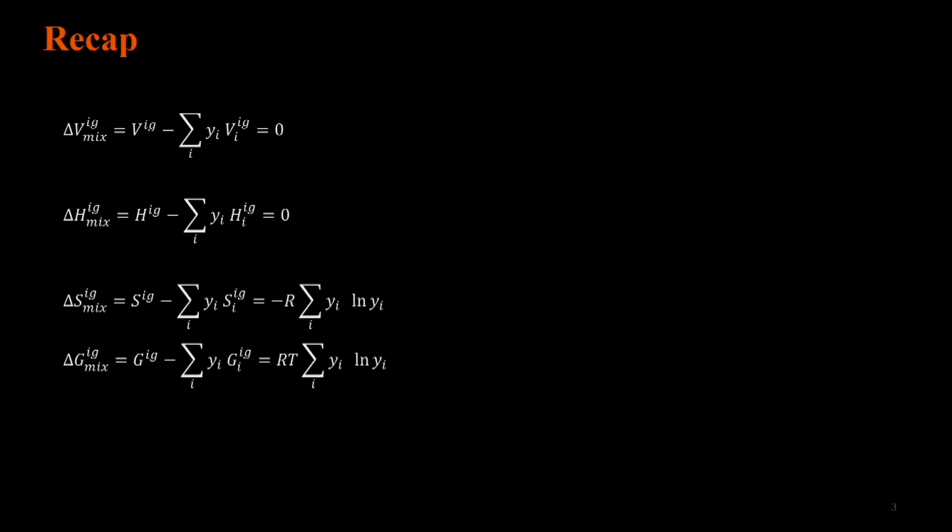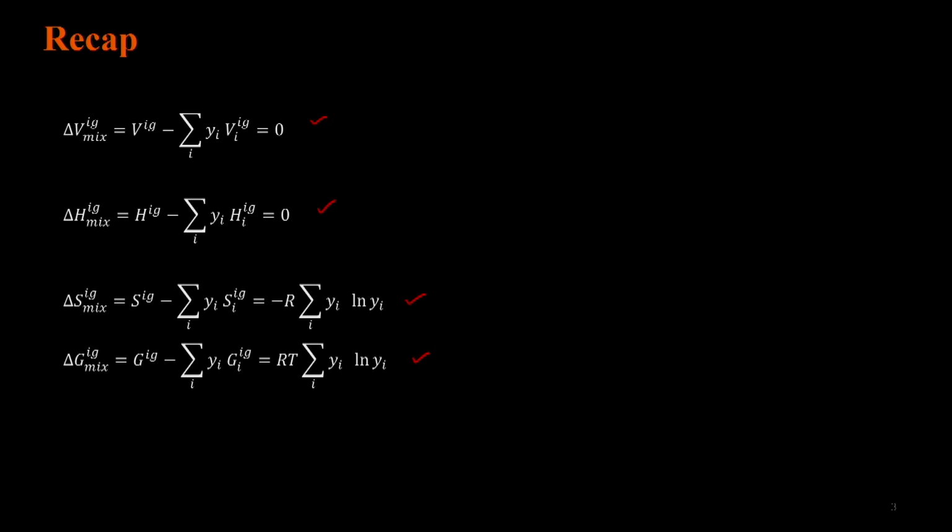And we also defined quantities known as the property changes upon mixing, and for ideal gases, the property changes upon mixing for volume and enthalpy are 0, whereas they are not 0 for entropy change upon mixing and Gibbs free energy change upon mixing. Once we know the mole fractions, we can calculate these quantities.